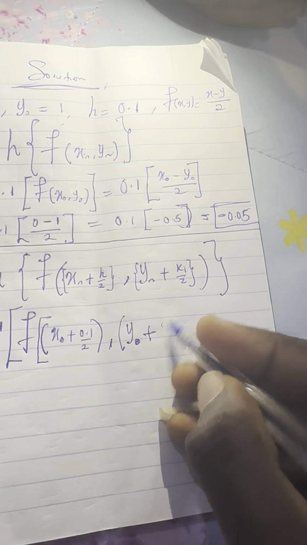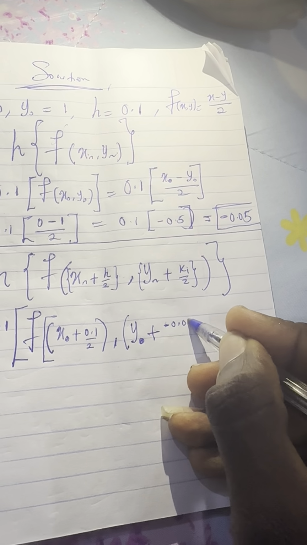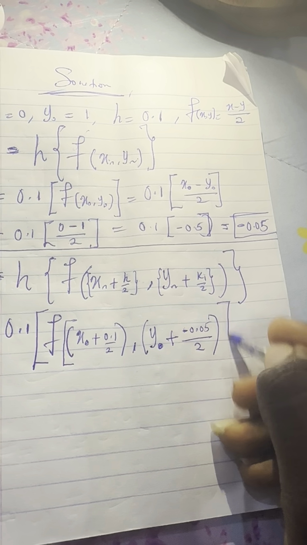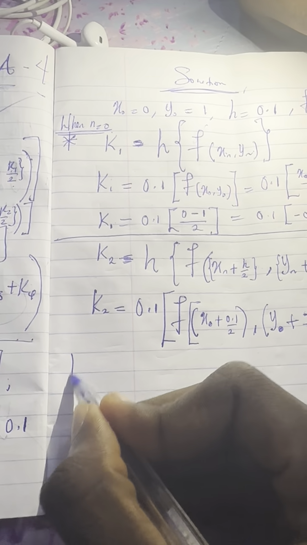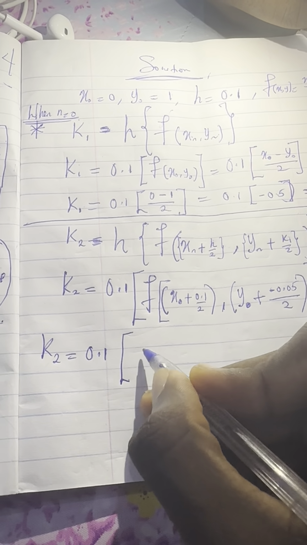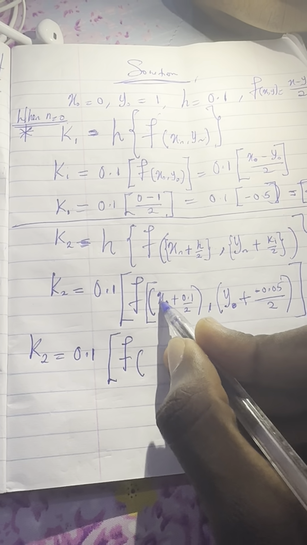K1 is minus 0.05 over 2. So you guys be very careful. So now what I will do from here is K2 is equal to 0.1 open a bracket. This is now f of, what's my x naught?